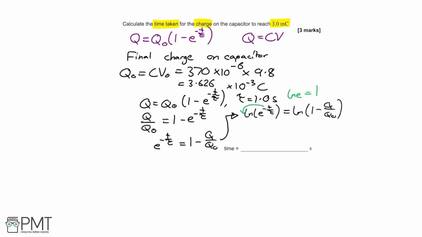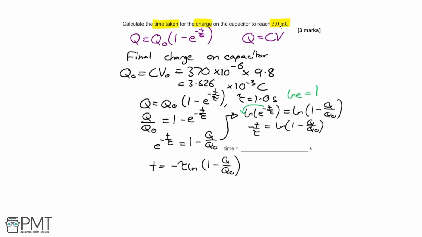So doing both of those steps at once, we have that this is equal to minus t divided by tau, natural logarithm of 1 minus q divided by q0. So finally, we get that t is equal to minus tau multiplied by the natural logarithm of 1 minus q divided by q0.